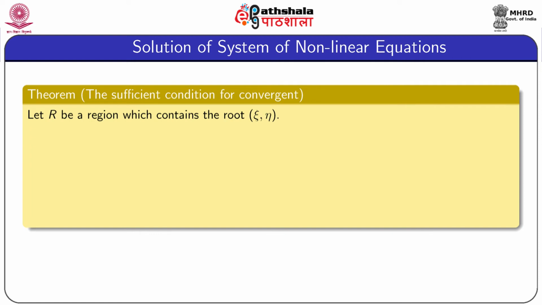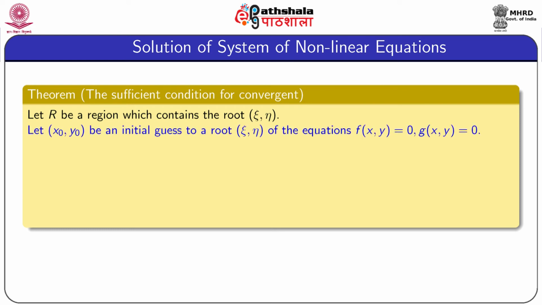Now, we state the sufficient condition for convergence of the Newton-Raphson method. Suppose R is a region which contains the exact root (ξ, η), and let (x0, y0) be the initial guess to the exact root of the equations f(x,y) = 0 and g(x,y) = 0.